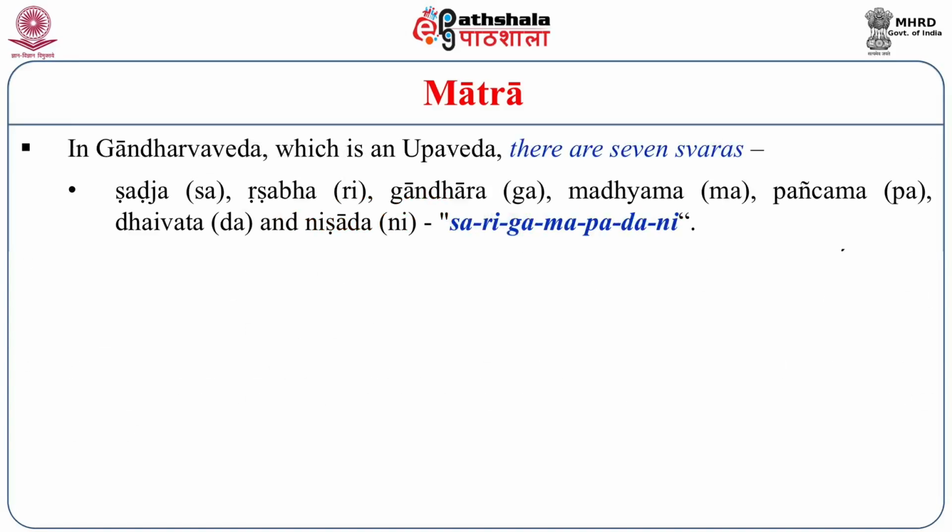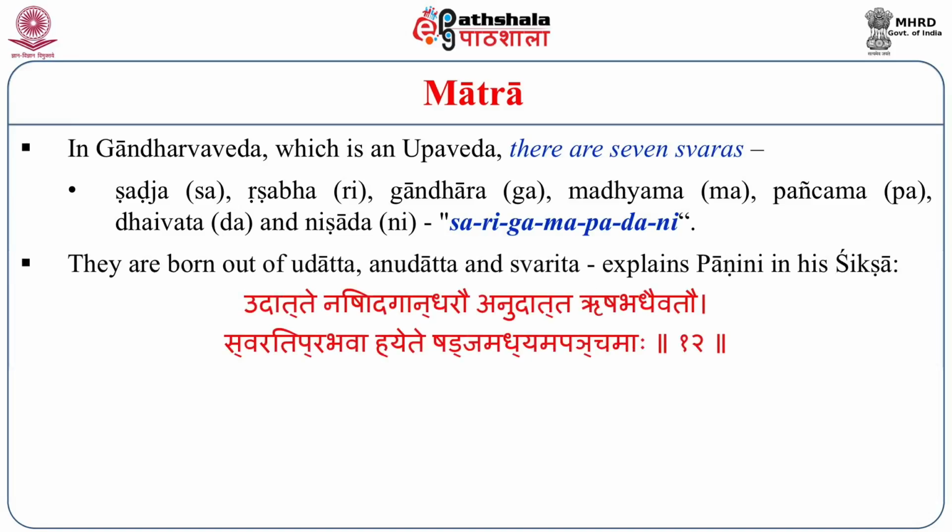In Gandharva Veda, the Veda of music, which is an Upaveda, there are 7 swaras: Shadja, Rishabha, Gandhara, Madhyama, Panchama, Dhaivata and Nishada. Sa ri ga ma pa da ni, they are born out of Udatta, Anudatta and Svarita, explains Panini in his Siksha.